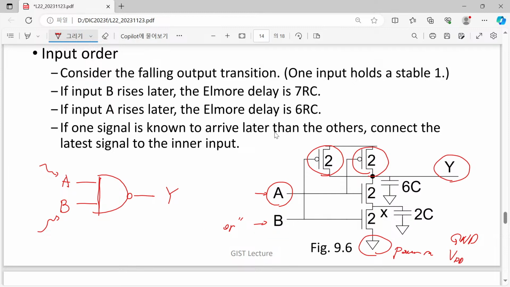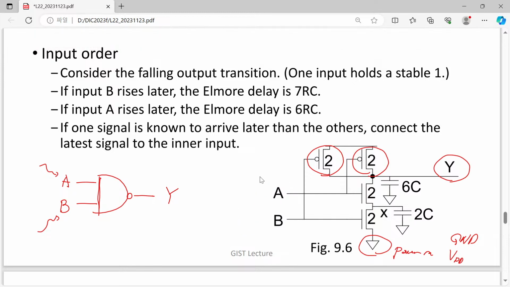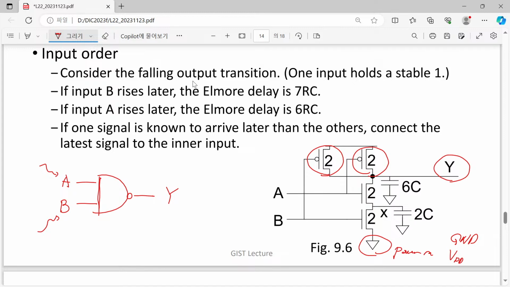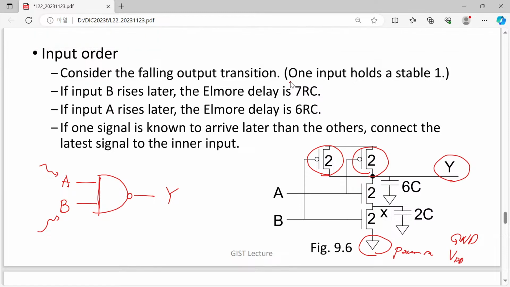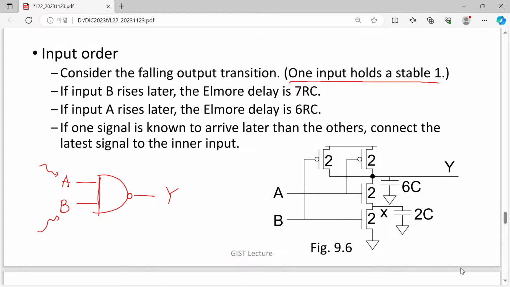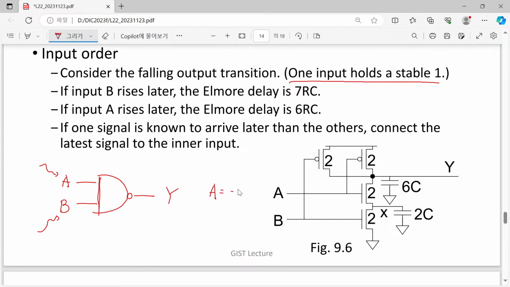Okay, so now let's say this way. In this scenario, we are assuming that it has two inputs. However, one input holds a stable value. So previously, for example, let's say that A is always 1.